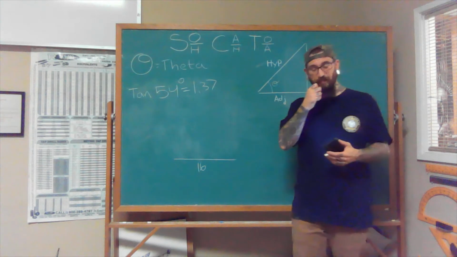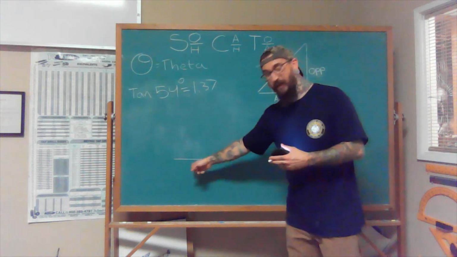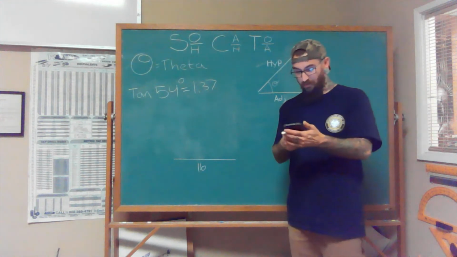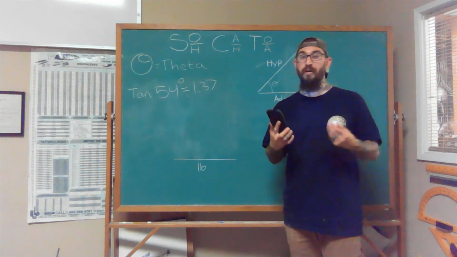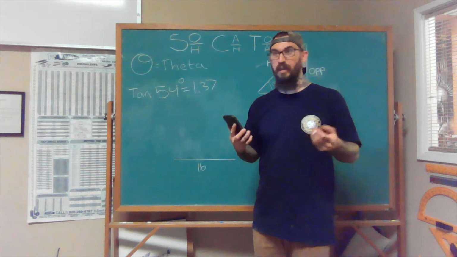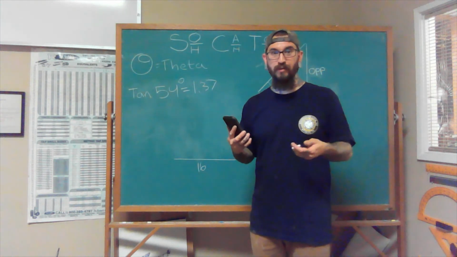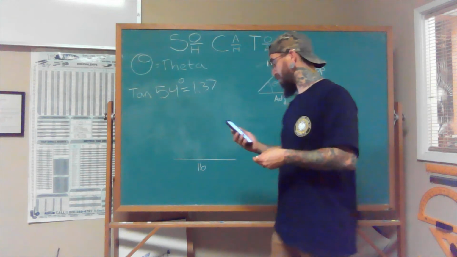That's all we're saying. So I have my ratio, and now all I have to do is multiply that by the base. So that times 16 gives me 22.02. So 22 inches and 22 thousandths, which we're going to stick with 22 inches.